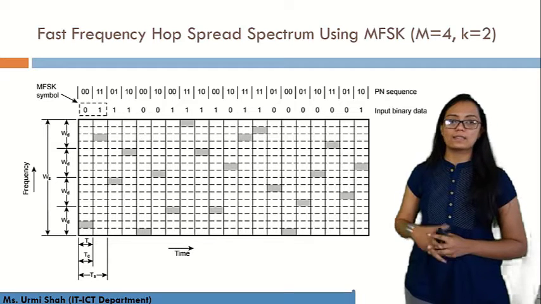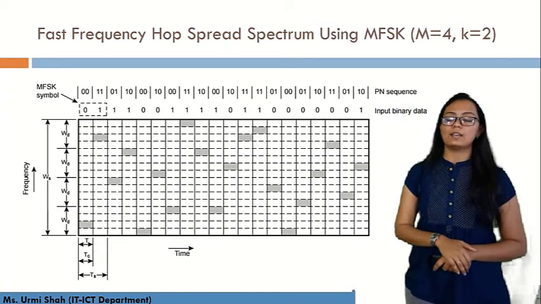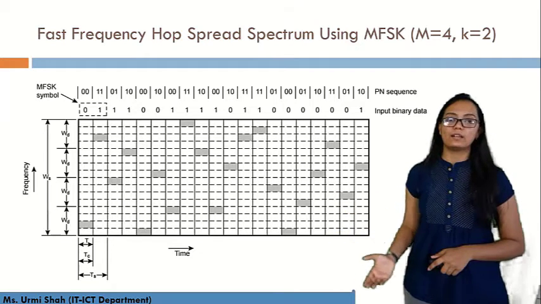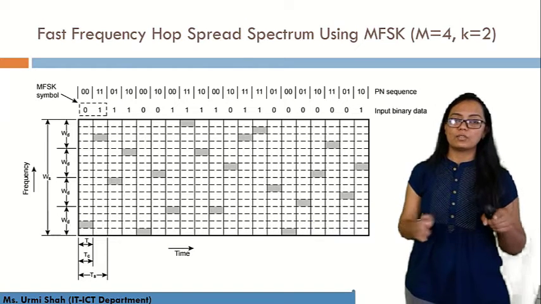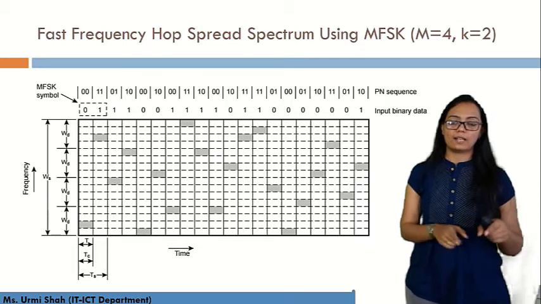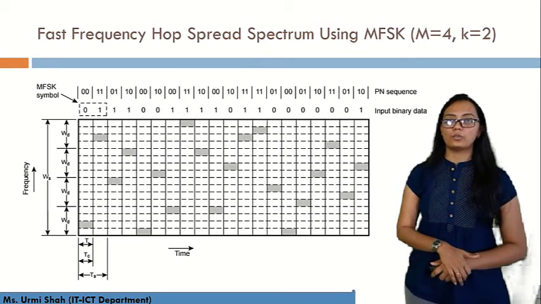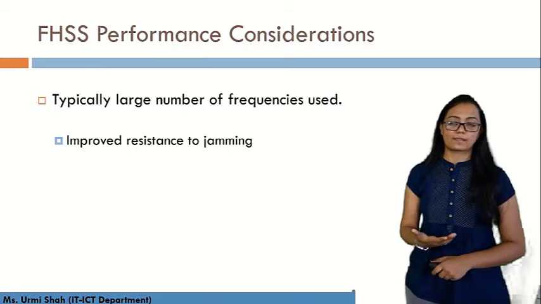Again, on the y-axis you will have frequency, and on the x-axis you will have input binary data and the PN sequence, that is your pseudo noise sequence. And on the x-axis below we will have time duration, measured in terms of the symbol generated or the channel formed and the signal generated. So this is how fast frequency hopping spread spectrum works.